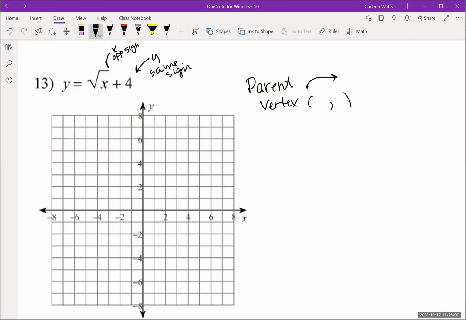The X coordinate is, drum roll please, 0. The Y coordinate is 4. So for this one, for today, we're just going to graph (0, 4) and do a sketch. For one thing, we're running out of time. Sleeping U. (0, 4) is the vertex, and it's a sleeping U.